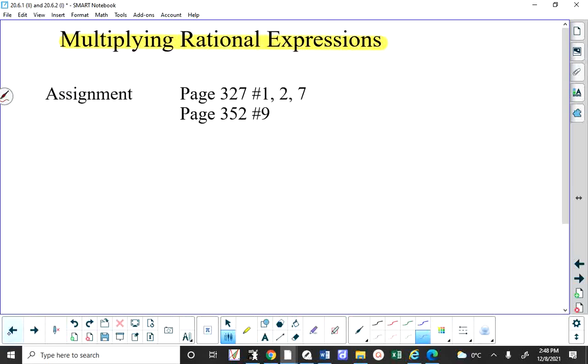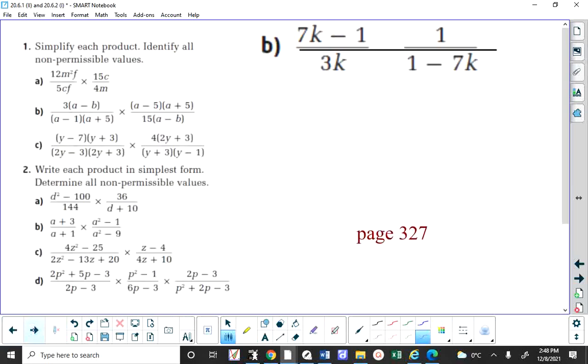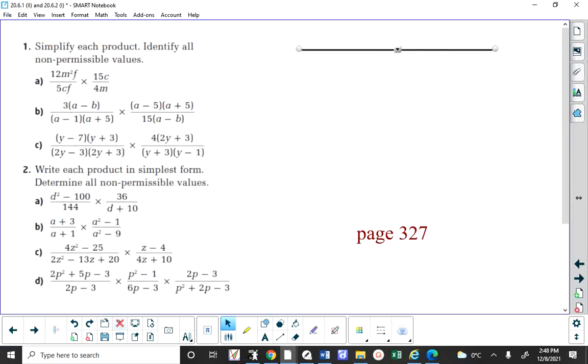Was it 1, 2, and 7? I don't have 7, it's gone. But when you take a look at, say, number 2C or 2D, your quadratics start to get more complicated. And when you take a look at D, oh no, there's 3 of them. Well, but you multiply and you get one rational expression. Anything on the top anywhere cancels with an identical factor somewhere else on the bottom.